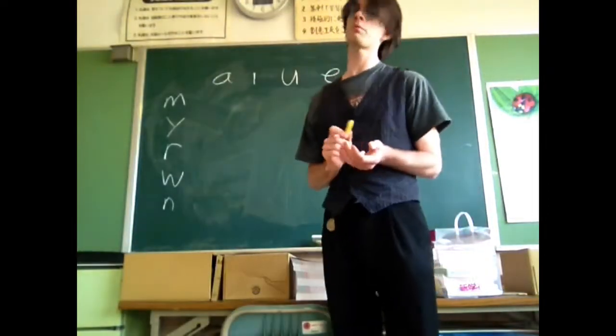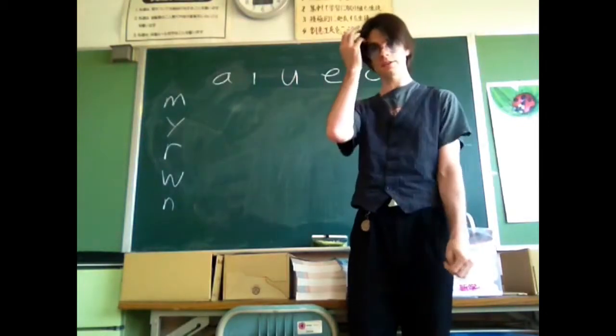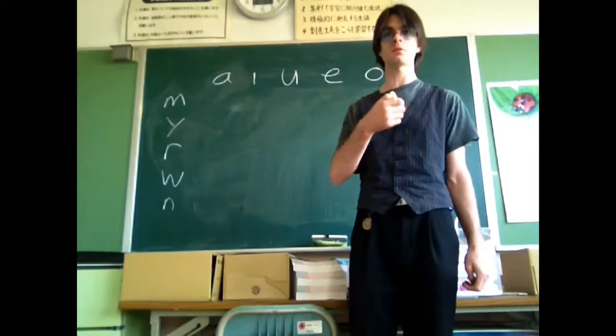Alright, so just like last time, I will point at the thing, and I will say it, and then you have to write down the right thing. I'll give you a couple seconds to do so, and then we'll check to see how many you got.